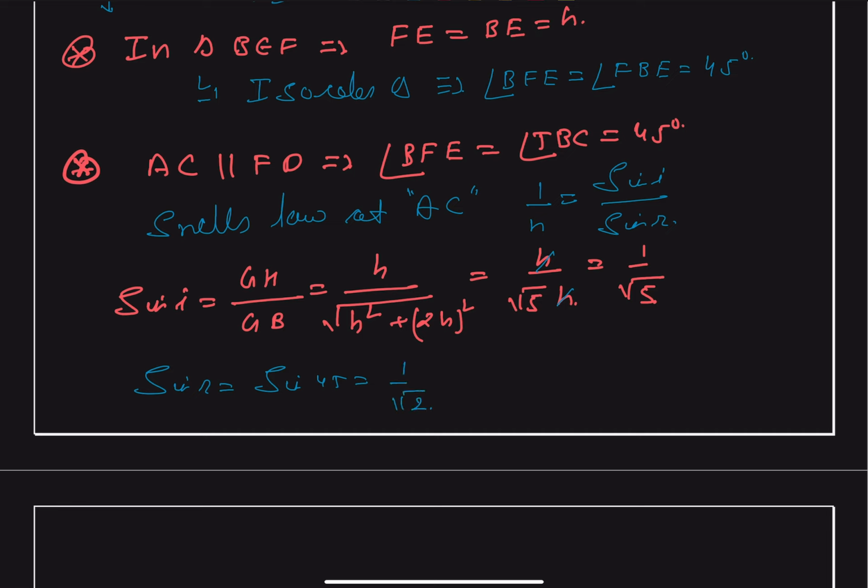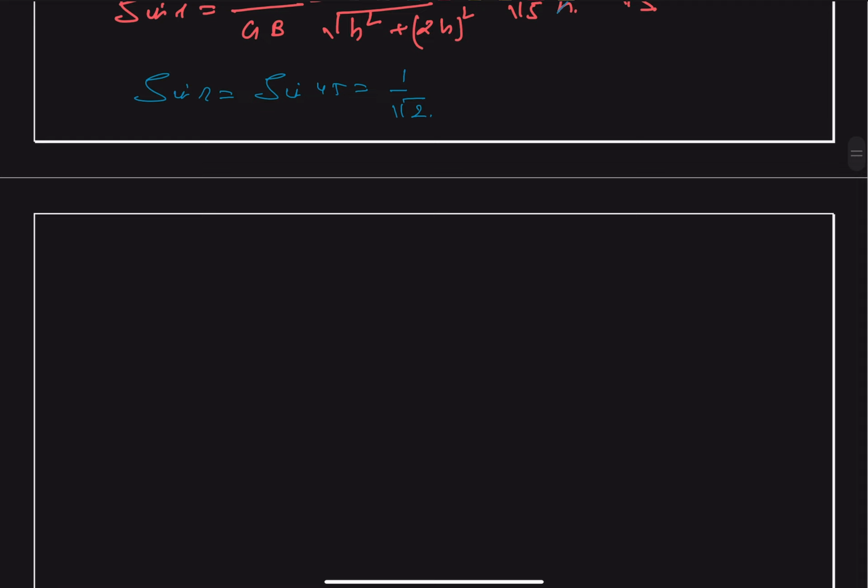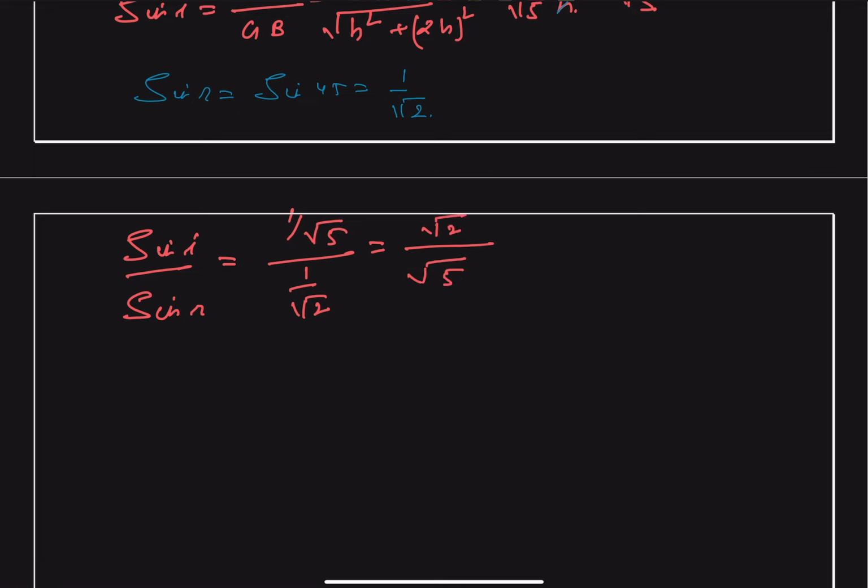Now we got the value of sine of I and sine of r, we substitute and get the ratio of sine of I upon sine of r. This will be equal to 1 upon square root of 5 divided by 1 upon square root of 2, and this gives us square root of 2 divided by square root of 5, and this is our 1 upon refractive index n.